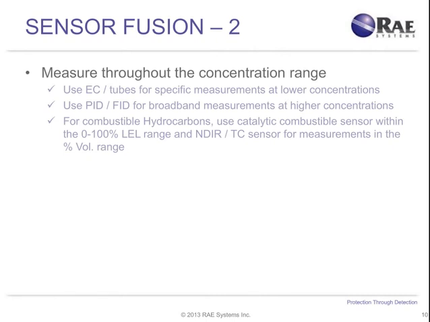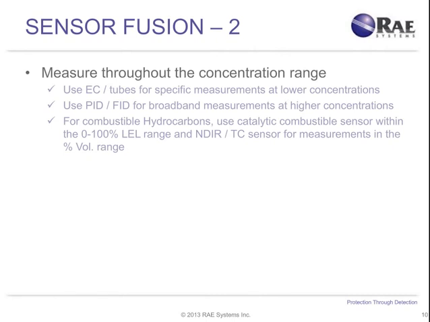So when we're talking combustible gases, combustible hydrocarbons, you could use a multi-gas instrument that has both an infrared combustible sensor and an LEL, or catalytic combustible sensor. This way you can measure a chemical within the LEL range.